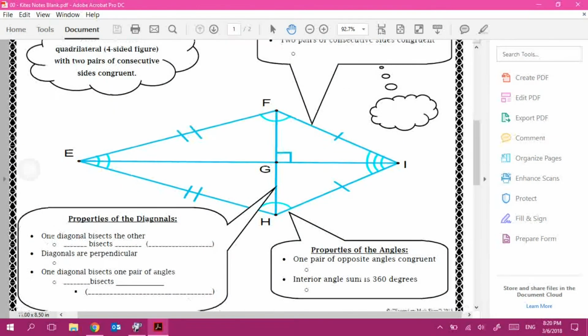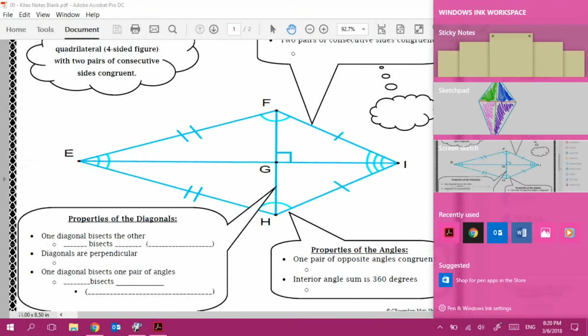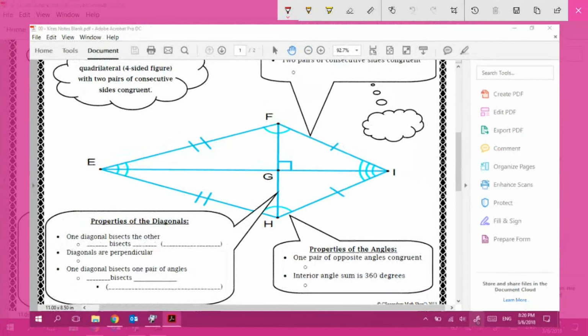Properties of the diagonals. In a kite, one diagonal is going to bisect the other. So that's similar to some of the other properties we've had. If I'm going to say EI bisects, which line does EI bisect? It bisects FH. Good.